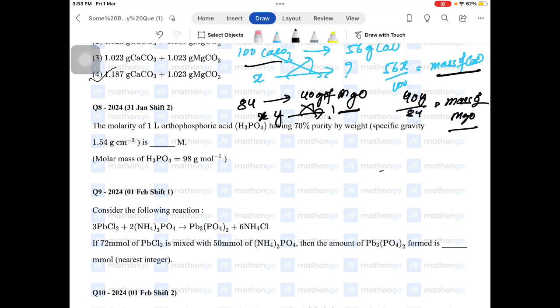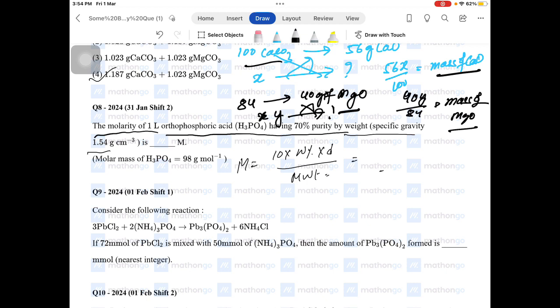Take the molarity of 1 liter of orthophosphoric acid having 70% purity by weight and specific gravity 1.54, molar mass 98. Then molarity is equal to 10 into weight percentage into density by molecular weight.